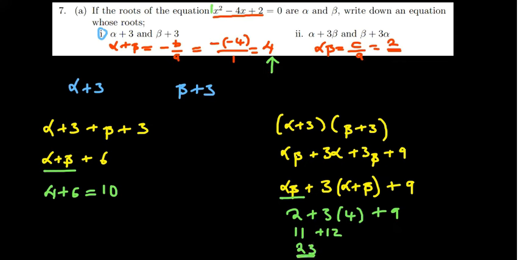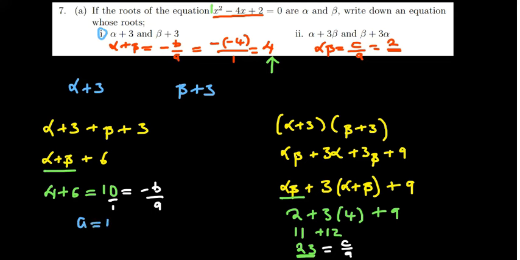Now, what you need to understand is where they are coming from. The 10 is coming from the addition of the roots. Addition, we said, is equal to negative b over a, and multiplication is equal to c over a. One thing we have to establish is that a should be the same value, so a is equal to 1.